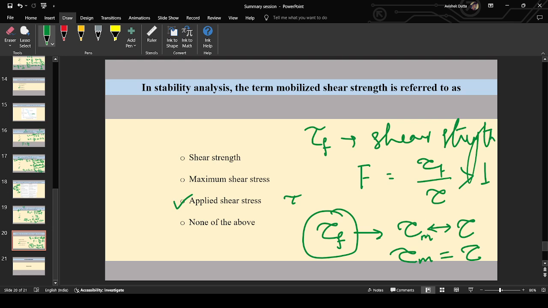But in general cases, when the factor of safety is more than 1, that is when tau f is more than tau, a certain percentage of the shear strength of the soil is used up to resist the applied shear stress, and that fraction of shear strength that has been used up is termed the mobilized shear strength, which is equal to the applied shear stress, since it is resisting the applied shear stress. So mobilized shear strength is nothing but the applied shear stress. I hope the concepts were clear.